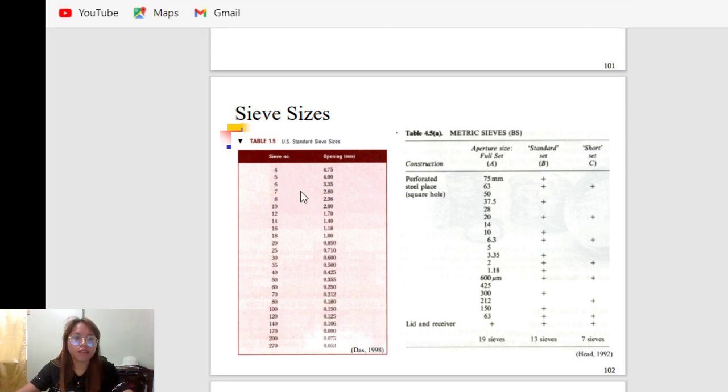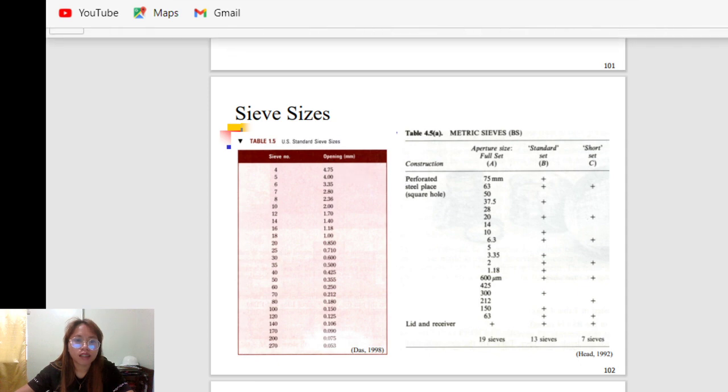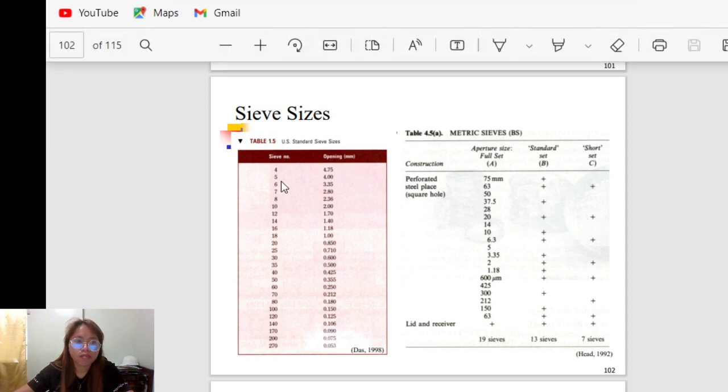We have the different sieve sizes. From the US standard sieve sizes, we have the sieve number 4 to 270, with its corresponding opening or diameter.